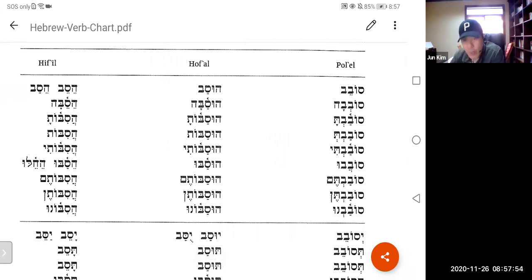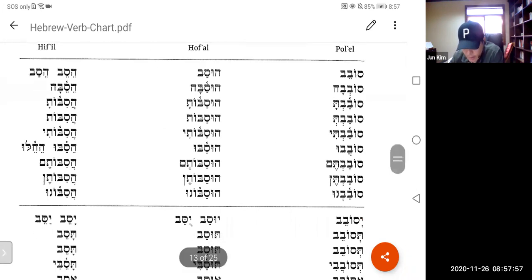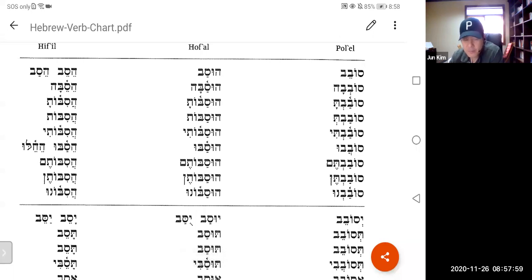And Polel. We have a Polel here, and I think we haven't talked about this specific stem, but we need to talk about it today. It's quite strange. There are two other stems that function the same as Piel. Even carrying the same idea of Piel, some vocabulary can be used in a different stem like Polel or Pilpel.